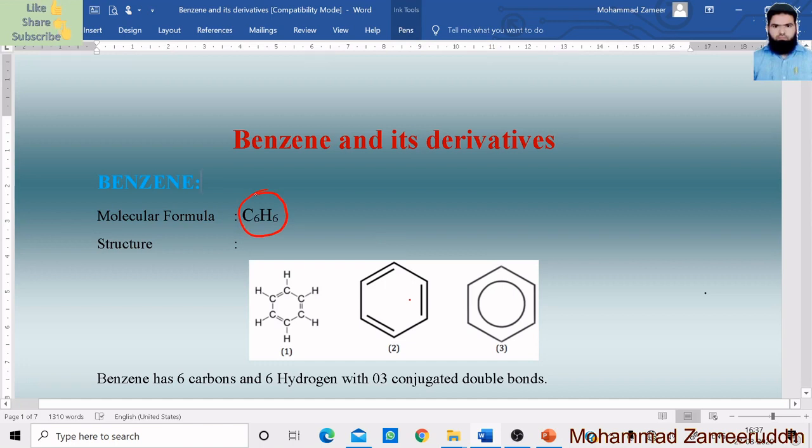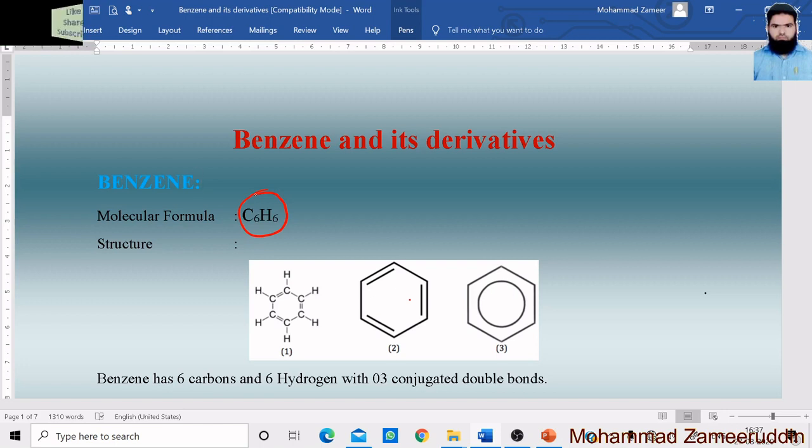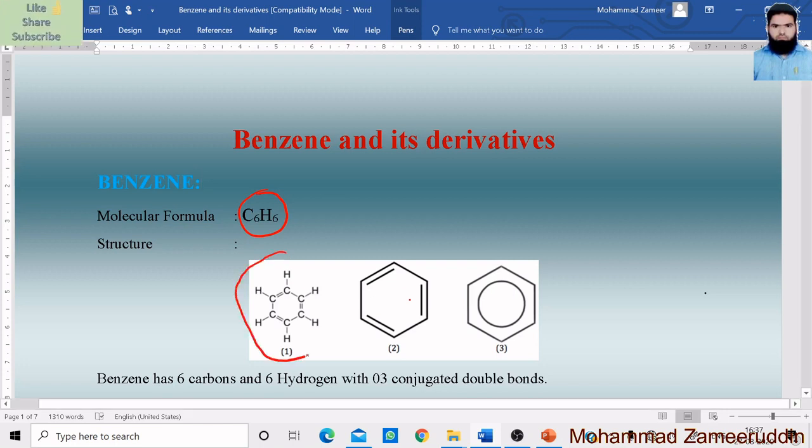Now if you look at the structure, in many books we can see the structure of pure benzene as displayed on the board. In this structure, 6 carbons and 6 hydrogens are attached.